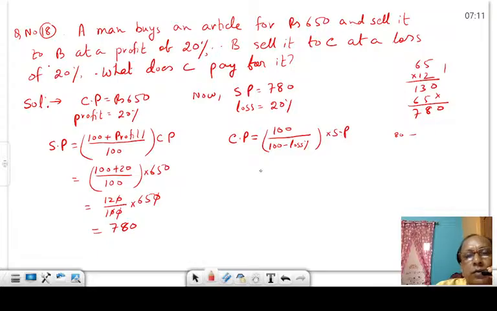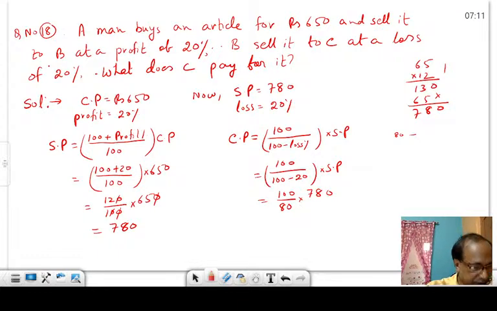That is 100 divided by 100 minus 20, into selling price. We are getting 100 by 80 into selling price, 780. Right, selling price is 780.